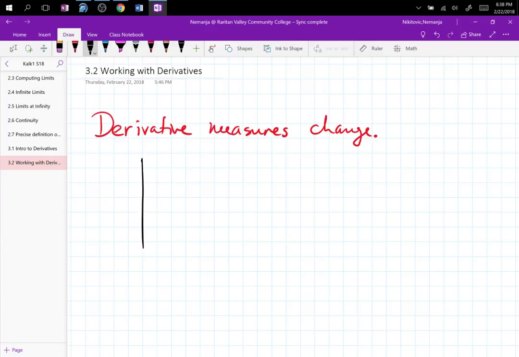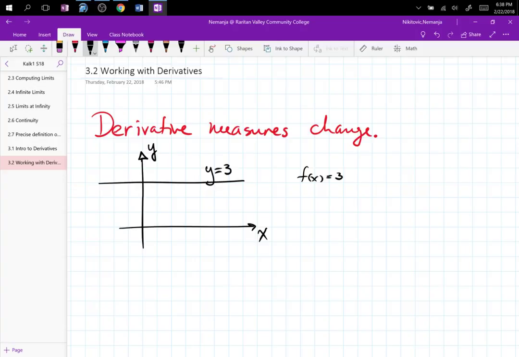So, if I have a graph of a constant function, say y equals 3, what is the derivative of a constant?